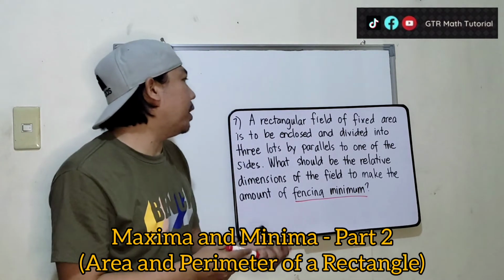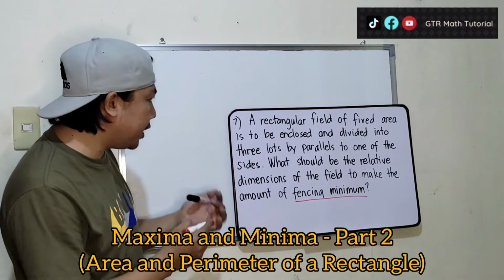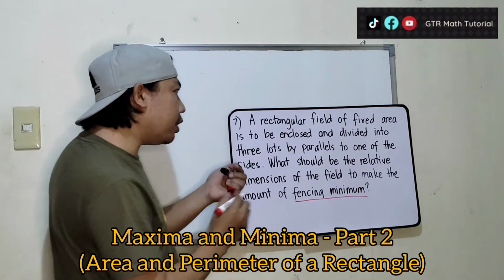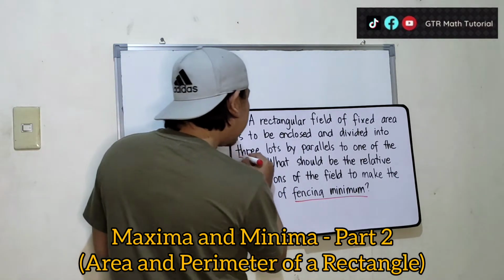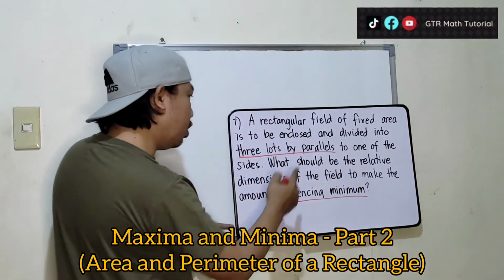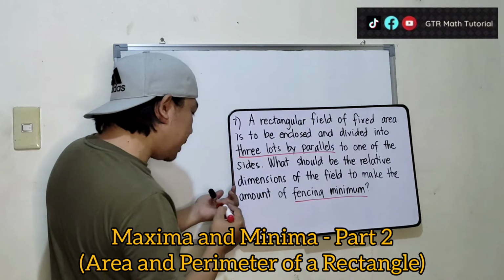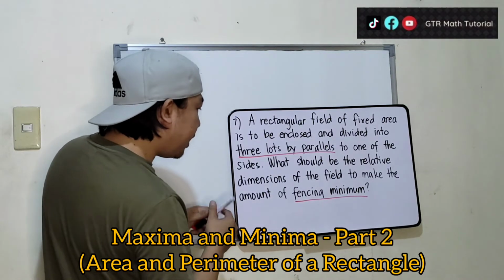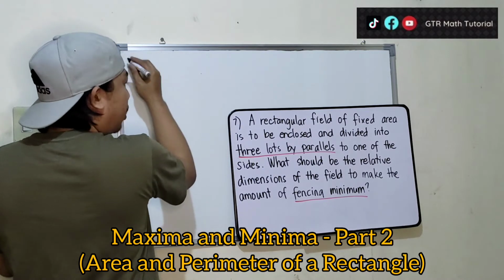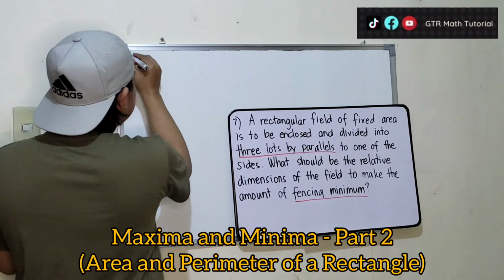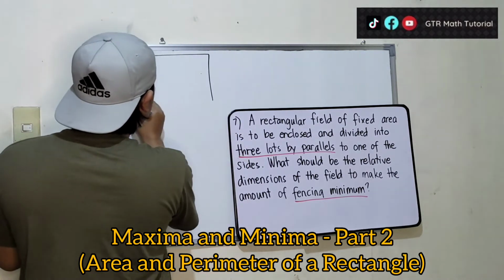So in this example, let us draw the figure. A rectangular field of fixed area is to be enclosed and divided into 3 lots by parallels to one of the sides. What should be the relative dimensions of the field to make the amount of fencing minimum? So let us draw the rectangular field. For example, this is the rectangular field.